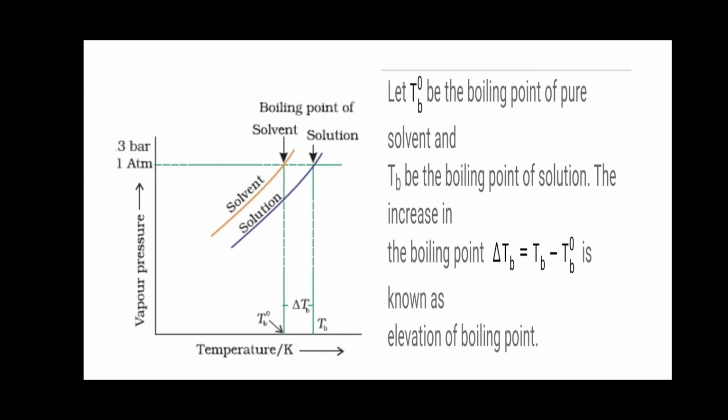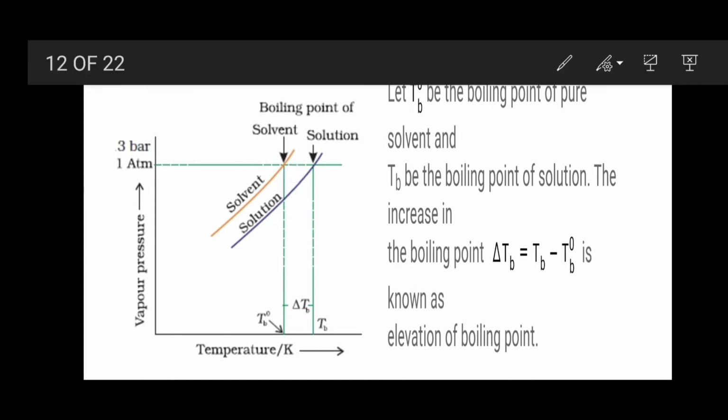Let us take a graph, vapor pressure versus temperature. The first line is the atmospheric pressure, that is 1 atmosphere. For the pure solvent, if we try to increase the temperature, automatically vapor pressure increases, and the vapor pressure becomes equal to atmospheric pressure at this point.